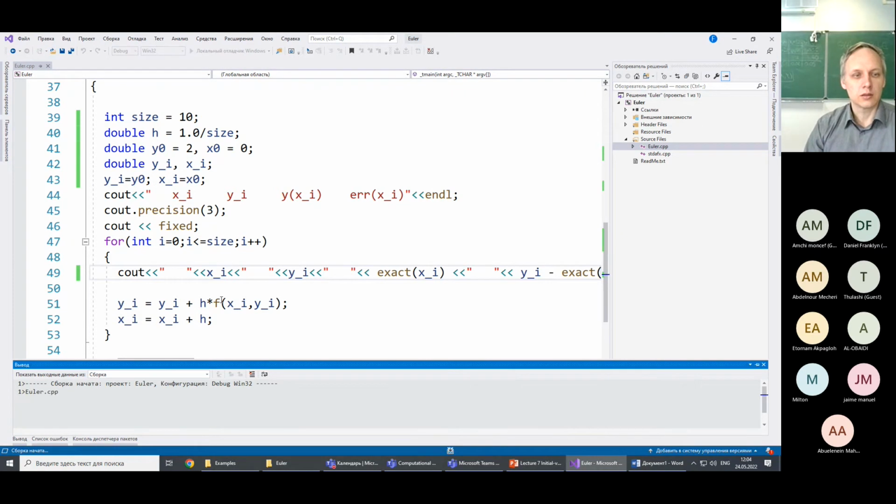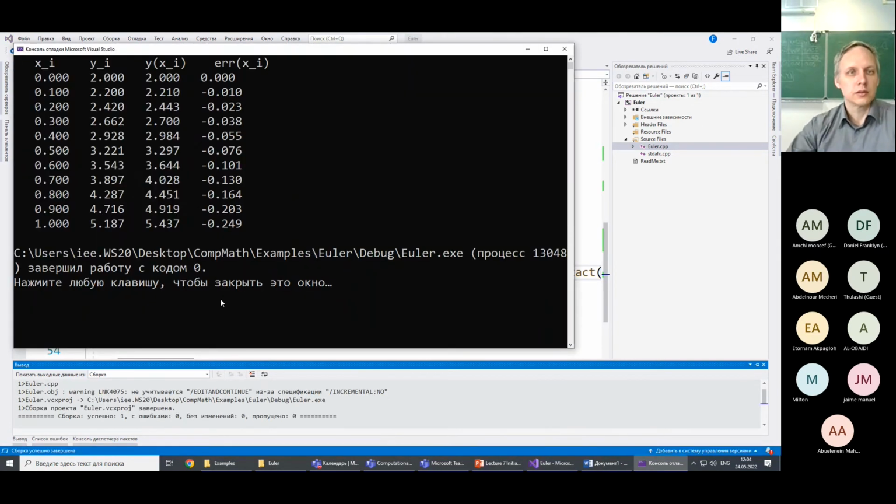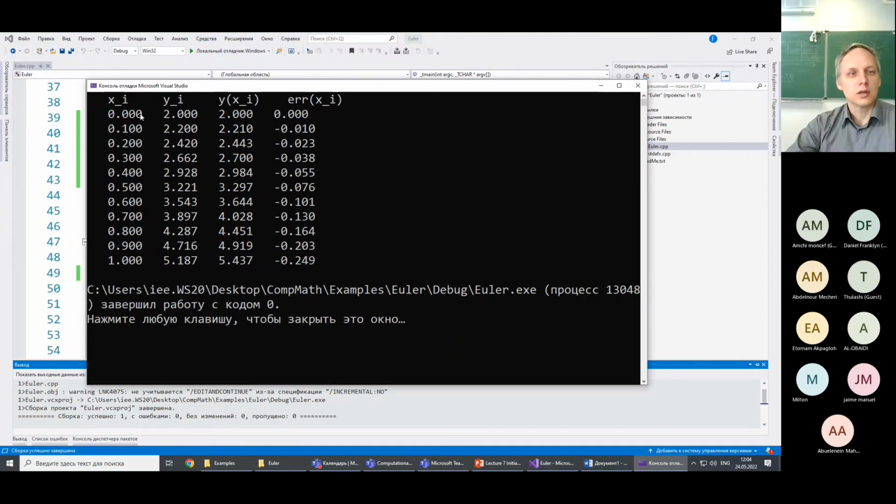This is a table of the values x, y, the real value, and their error. Please look.